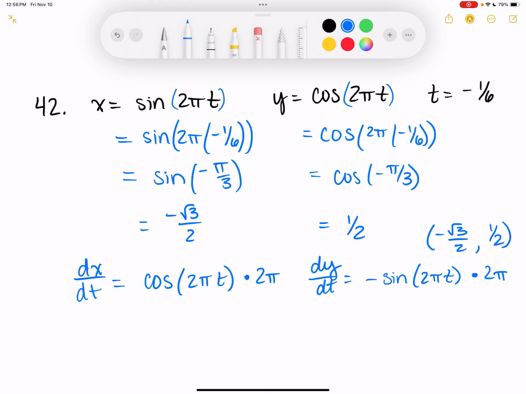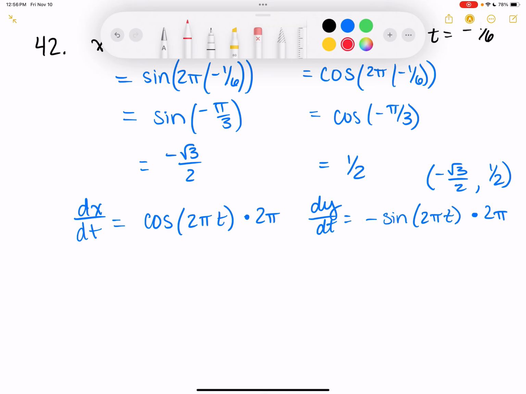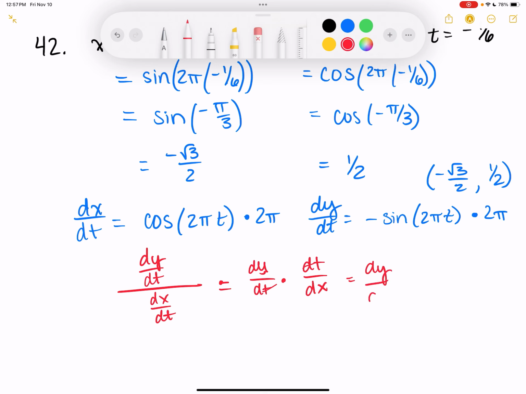So normally when we do slope, it's y over x. Rise over run. So we have dy/dt divided by dx/dt. So basically that is dy/dt times dt/dx. The dt's cancel, which gives us dy/dx.